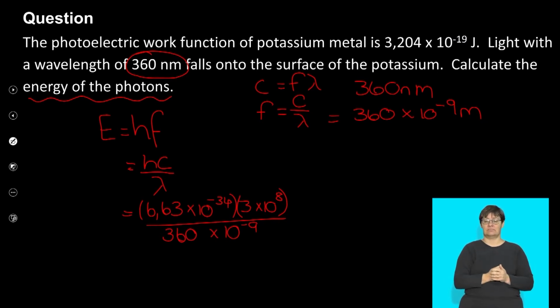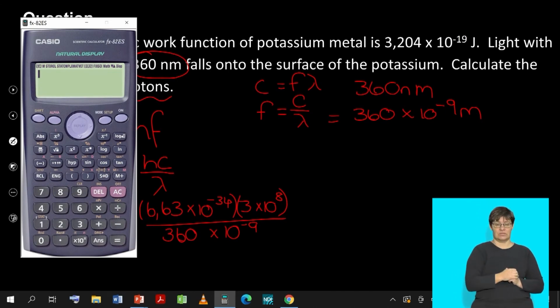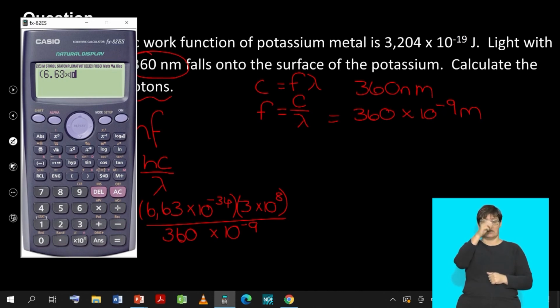Great. We open our calculators, and we've got 6.63 times 10 to the minus 34 times 3 times 10 to the 8. Now I'm going to divide that by 360 times 10 to the minus 9, and I get 5,25.